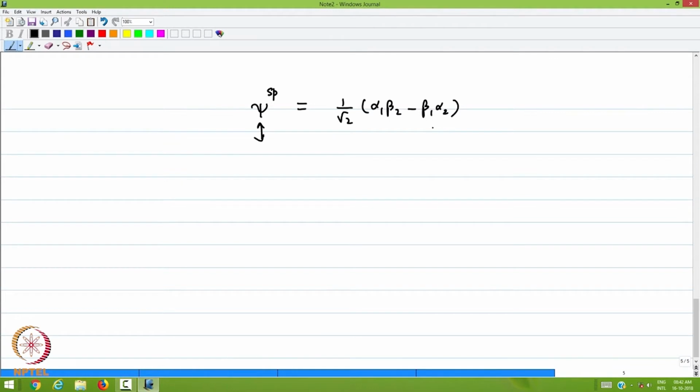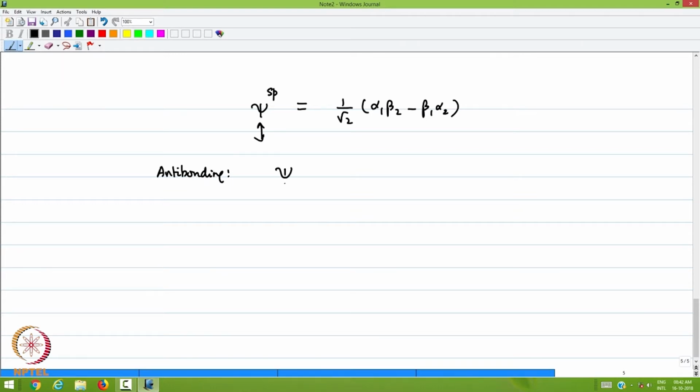The spatial part remains the same, the spin part changes with the minus sign, and therefore the overall wave function changes with the minus sign. That is acceptable.